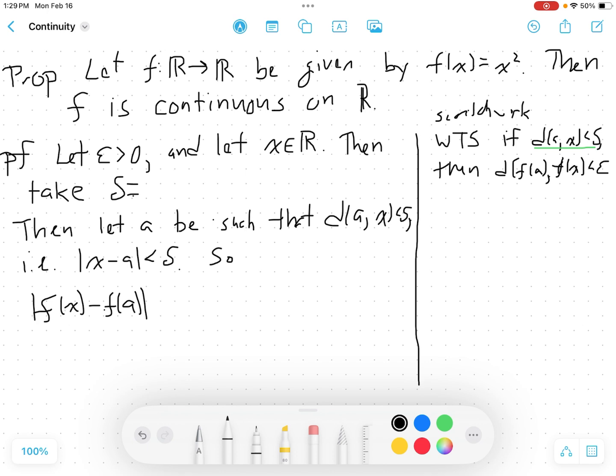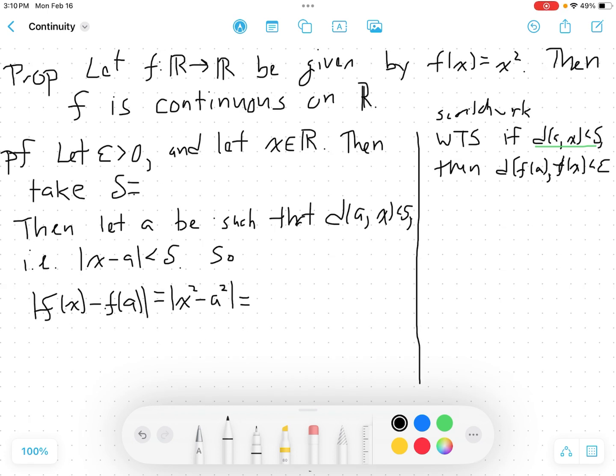So we want to figure out where we can go with this. We know what f of x and f of a is. We might as well translate that: x squared and a squared. We want to relate this back to x minus a because that's what we've got information about, absolute value of x minus a.